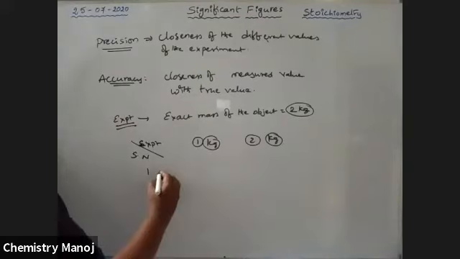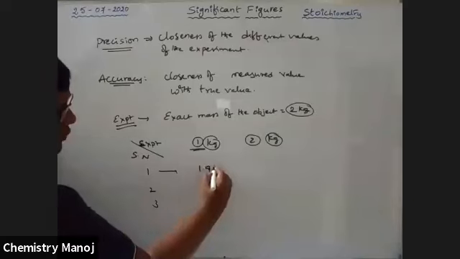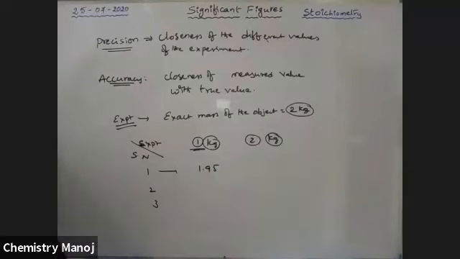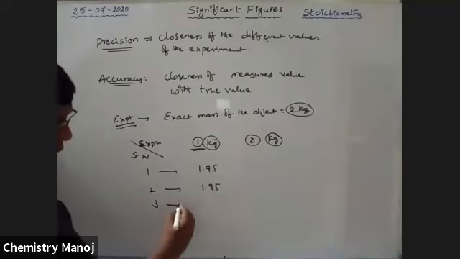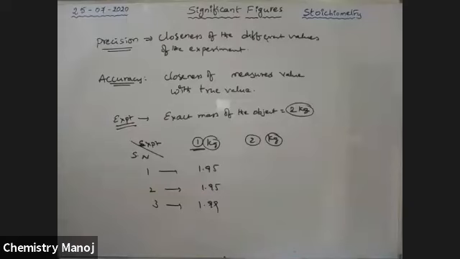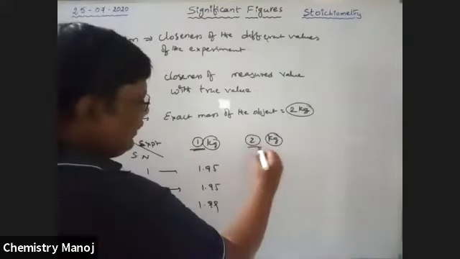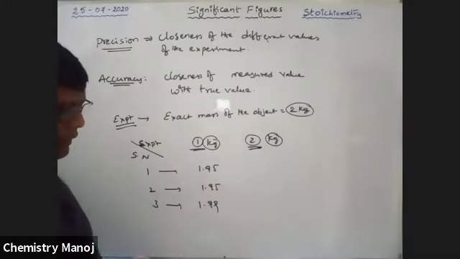So the first student gave the value 1.95 for the first time. Second time also 1.95. Third time 1.999. Next, the second experiment.